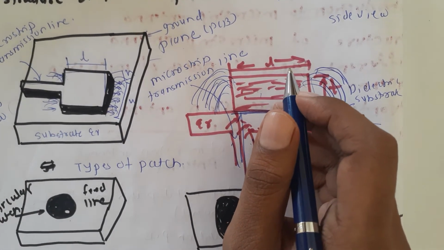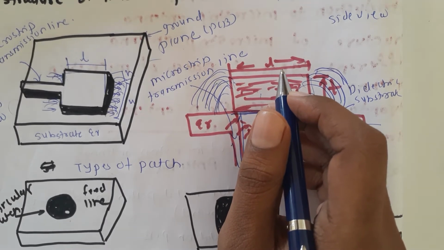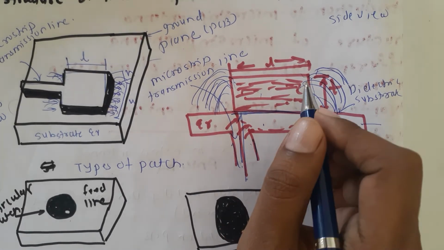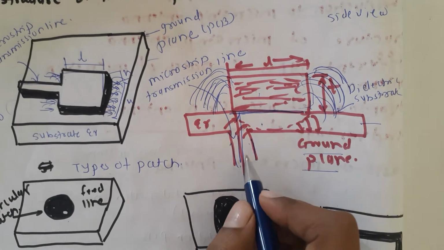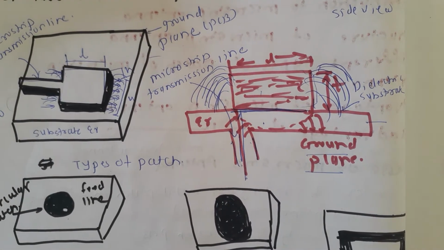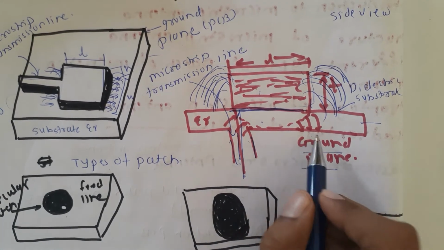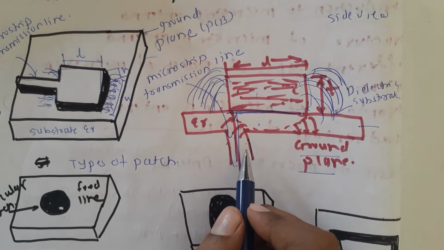Linear and circular polarization can be achieved with microstrip or patch antenna arrays. Here a single feed mechanism or multiple feed mechanism is also used to increase the directivity. So if you want to increase the directivity of the antenna, we connect multiple patches, so multiple signals are also used.